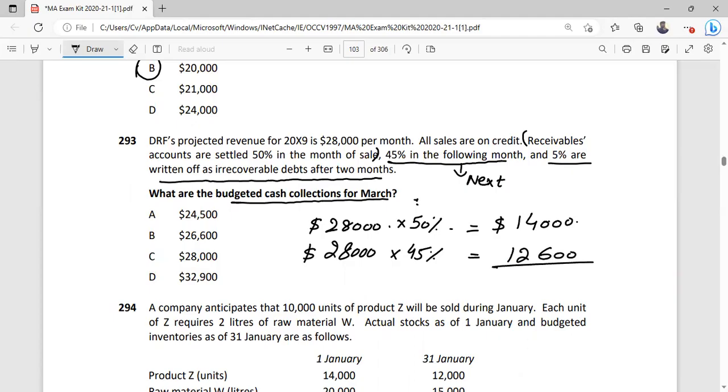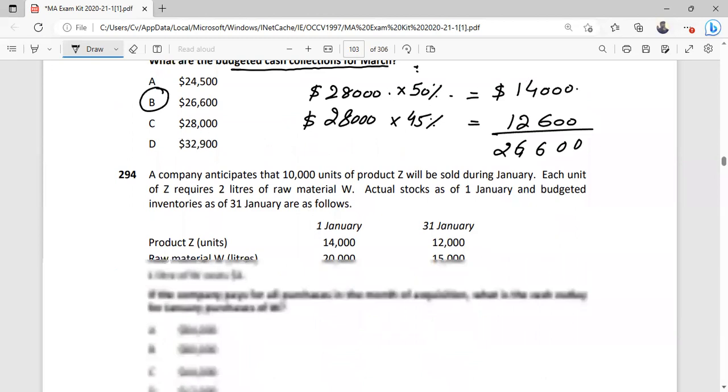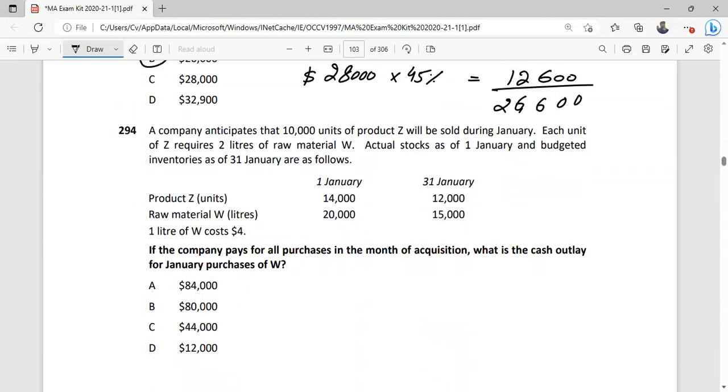So the cash collection for each month is 26,600. Why is cash collection the same in each month? Because our sales are the same in each month, $28,000 per month. That's why we will receive 50% at the end of the same month and 45% in the next month and 5% as bad debt.